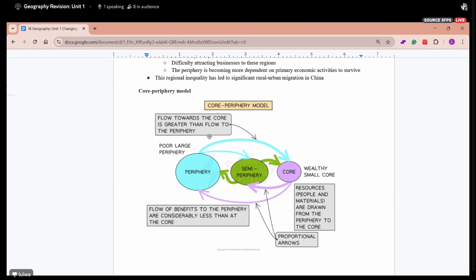So you'll see people move from the periphery to the core for enhanced job opportunities, and then you'll see elderly people usually move from the core to the periphery for retirement or for easier, quieter living, for example. So people are drawn from the periphery to the core, both resources such as people and materials. And then you have the semi-periphery in the middle.